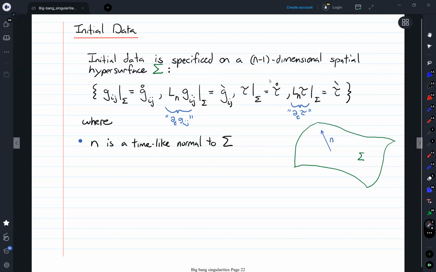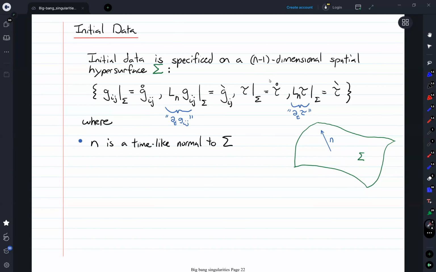To get the evolution problem started, we need to specify the space-time metric. I'll think of this naively as a bunch of functions, a matrix of functions, so I specify some given set of matrix functions on here.